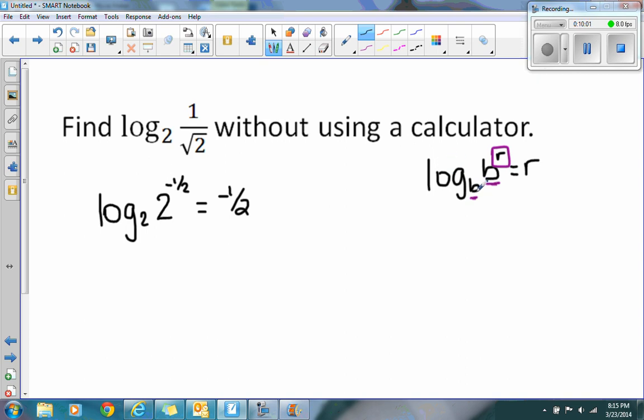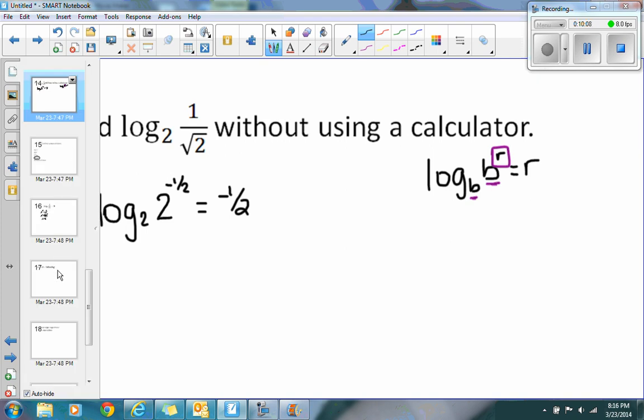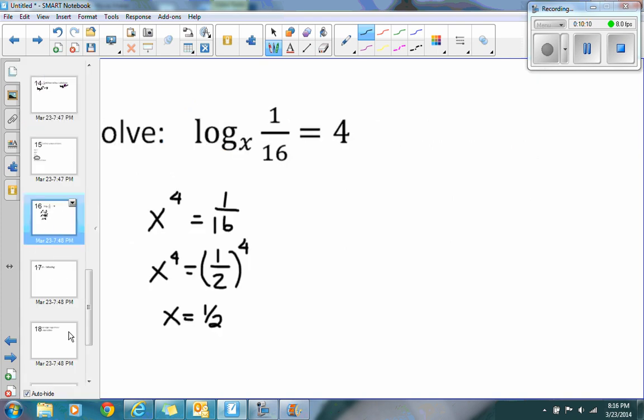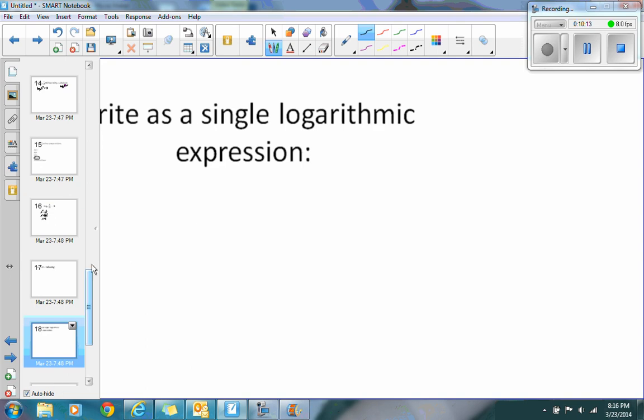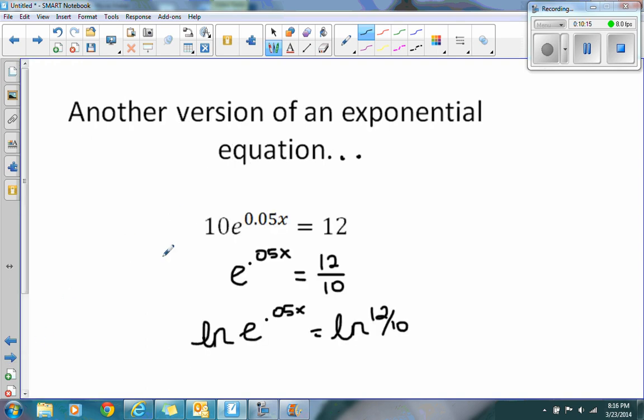So if I have log base e of e to some power, then my answer is just that power. So natural log of e to the 0.05x is just going to leave behind 0.05x.